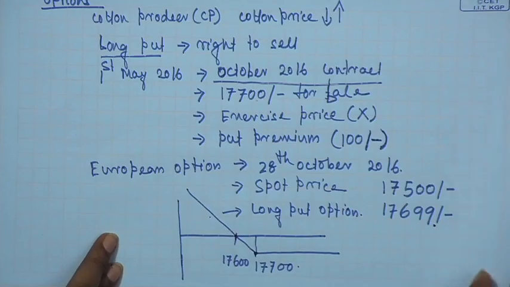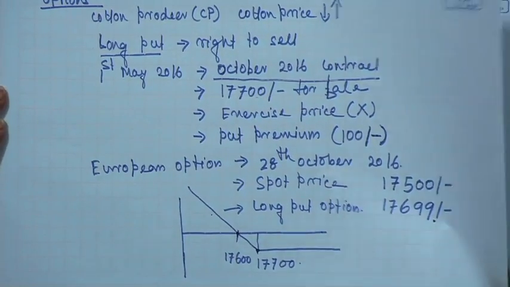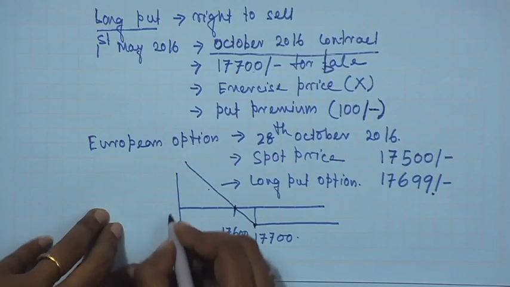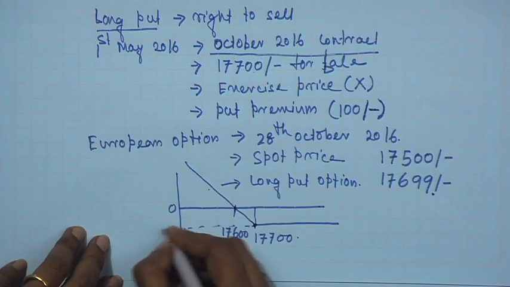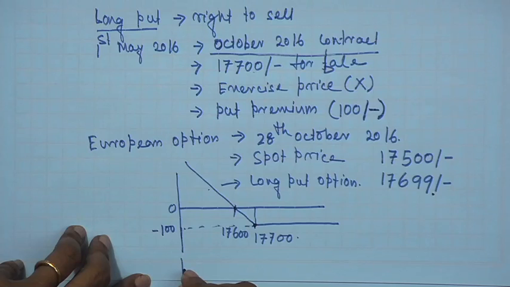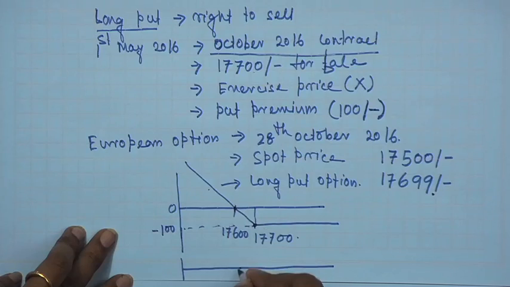As we know, option contracts are a zero sum game. So this is my 0, this is the level of minus 100. What will be the payoff for the counterparty, the short put? Lack of space, please ignore.